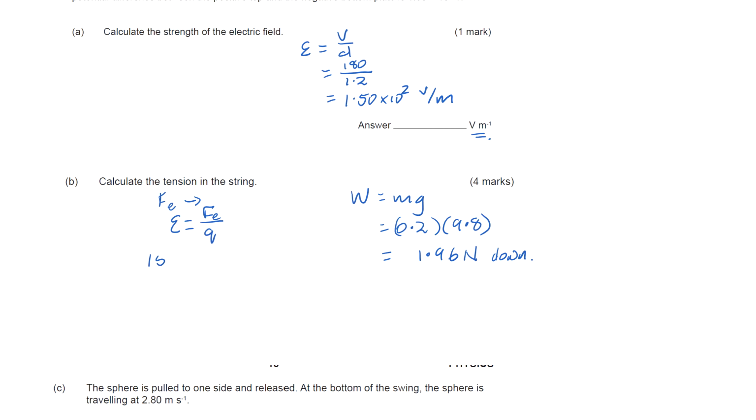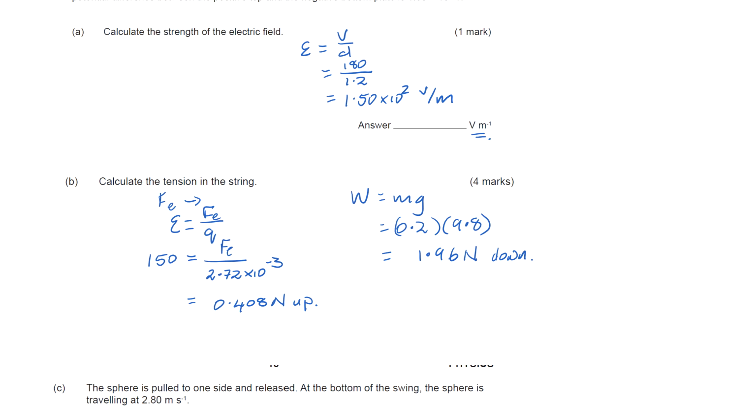So I've got 150 is equal to Fe, which is what we're looking for, divided by Q, which we have as 2.72 by 10 to the minus 3, and that gives me 0.408 newtons, and that's going to be upwards.